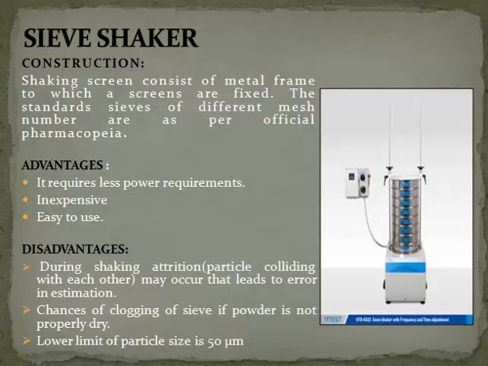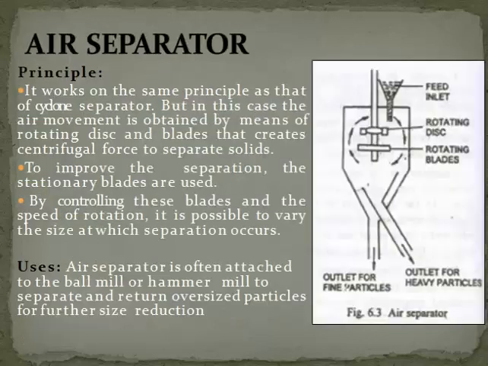Now next is the air separator. It is the same as the cyclone separator, but the difference is in how it works. In this case the air movement is obtained by means of a rotating disc and blade that create centrifugal force to separate solids.